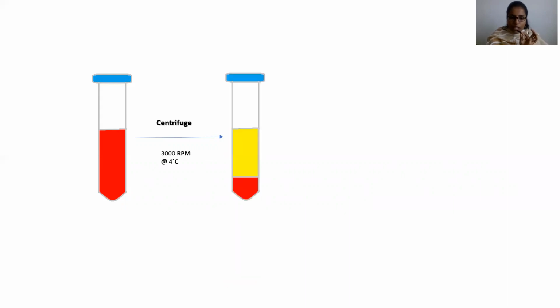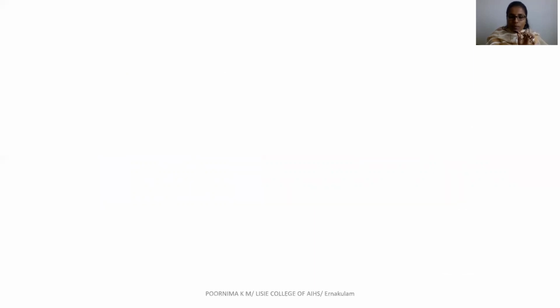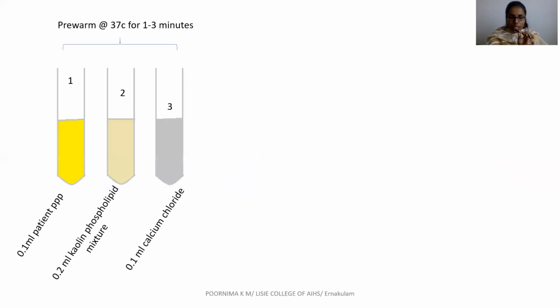Okay. So now after centrifugation, we have got platelet poor plasma and red cells in the bottom. So now for the test, separate the platelet poor plasma which has been obtained. So now we have separated the platelet poor plasma in another test tube for the test. Okay. So now the test procedure involves, take 3 test tubes, label them as 1, 2 and 3.